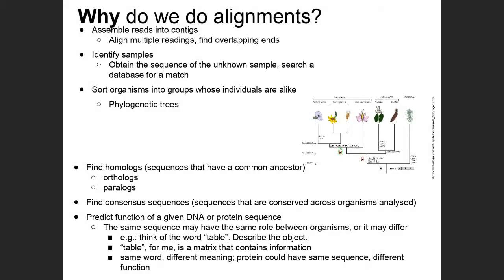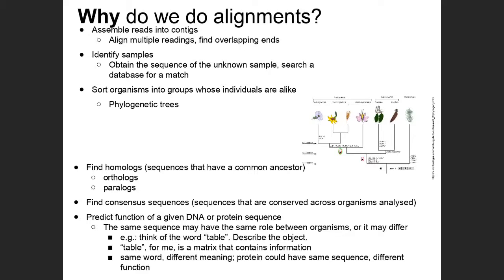So the reasons why we do alignments, here we are. Identifying samples: you have some nucleotide sequence, and maybe you want to know where it came from. We do alignments to build phylogenetic trees. We're basically looking at how alike things are, because if you're going to group things, we want to group which ones are more alike to the others.